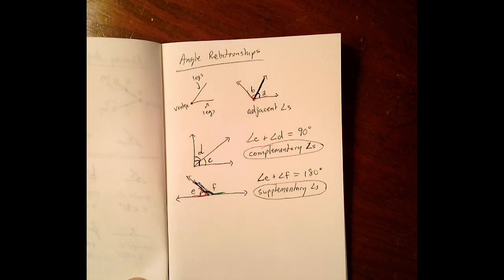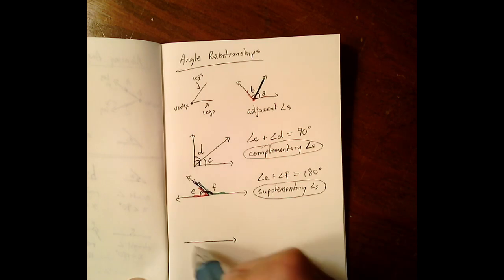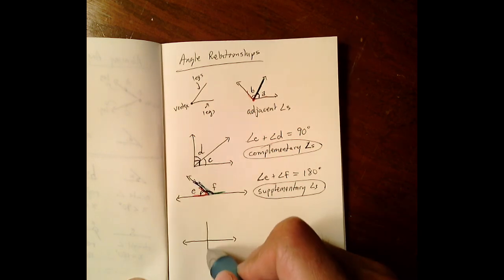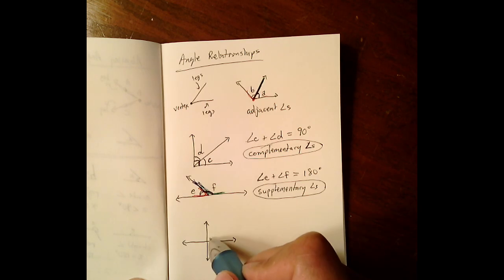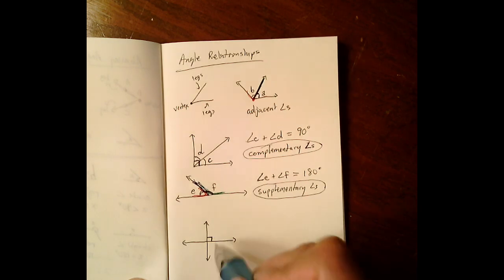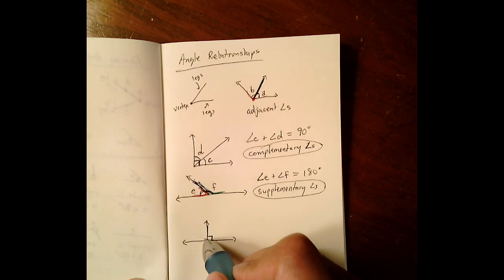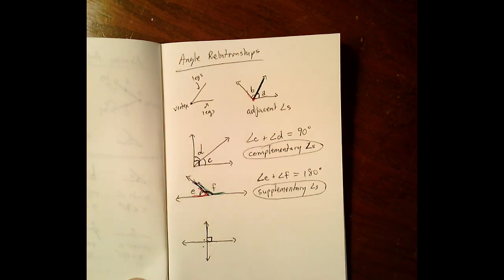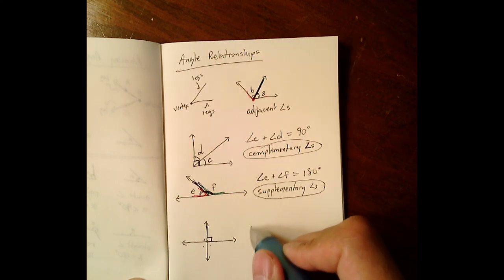We're going to come across some other types of angles in the future, and lines as well, and line segments, but there's one where, let's say I have a line going across, and I have another line going straight up and down. When this happens, it creates a right angle, and actually, not just one right angle here, but four. 1, 2, 3, and 4. There's four of them. But this is what we call a perpendicular.